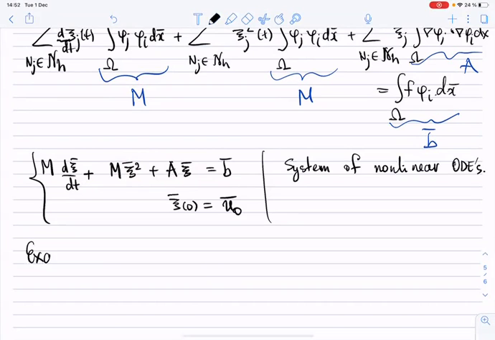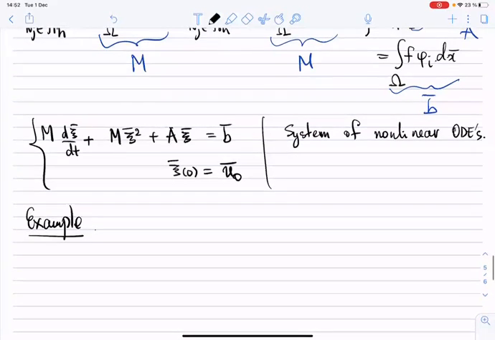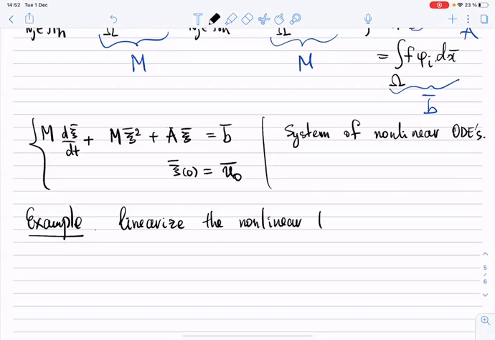So one example: linearize the nonlinear term using previous time steps.